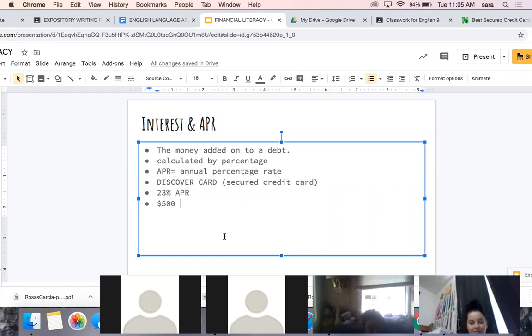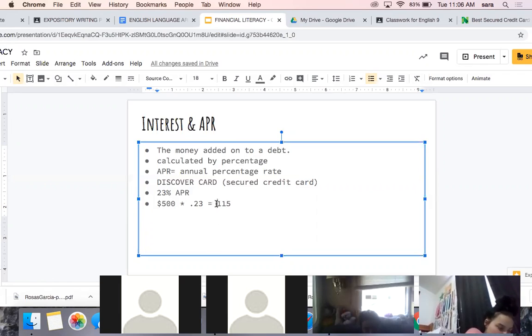So let's say she owes $500. How do you calculate APR? Pretty easy. You multiply 500 times, my bad, I'll put the star as a sign for times, 0.23. So 500 times 0.23 equals $115.